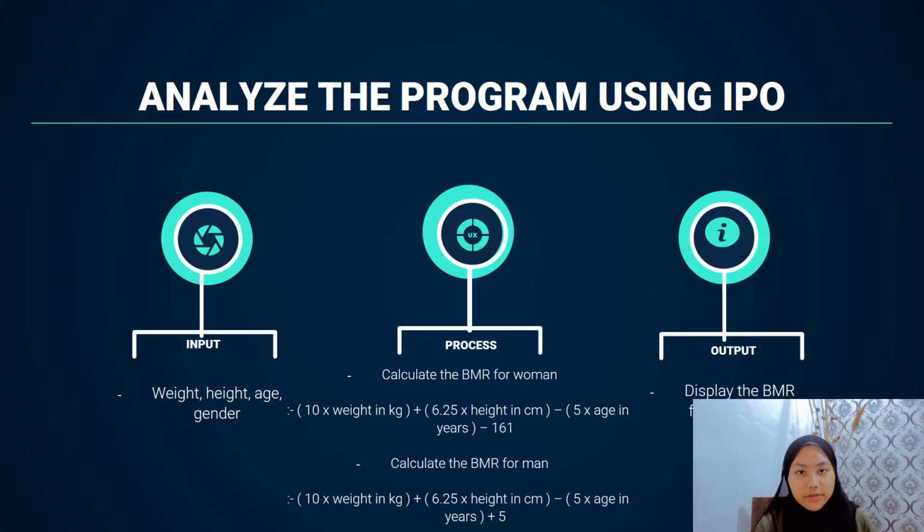Next, phase 2. Analyze the problem using input, process, and output. The input of this program is weight, height, age, and gender. For the process, we must put the formula to calculate the BMR for woman or man. And last is output, the BMR will be displayed for different genders.